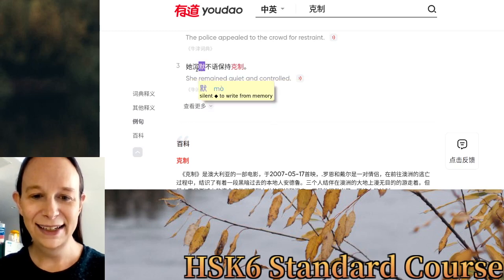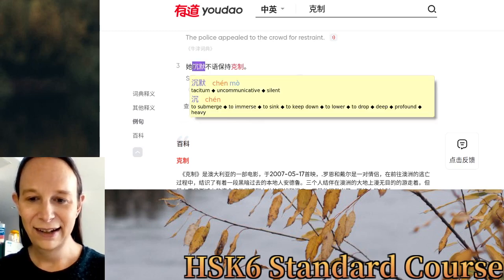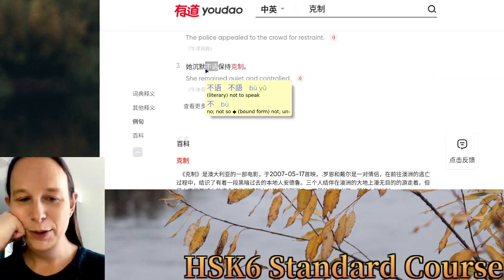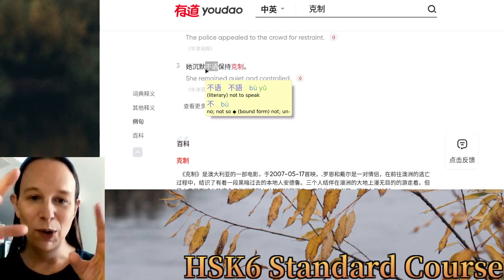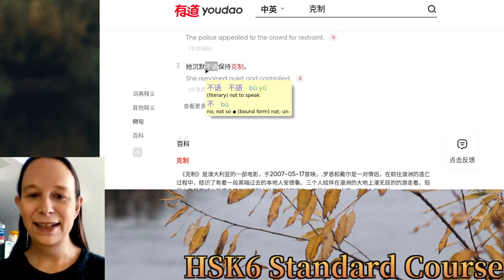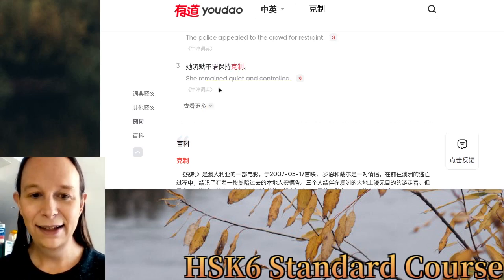Mo is more like silent. Why is that 沉? I don't understand why it's in 沉默. 不语, you put 不语, it just means to not speak. It's often used to extend words like 沉默, so it's like silent without speaking. It kind of makes it sound nicer.